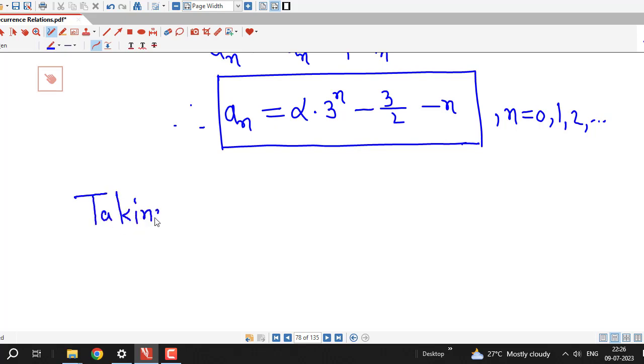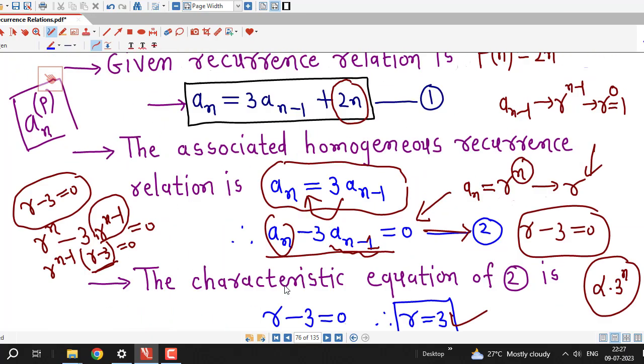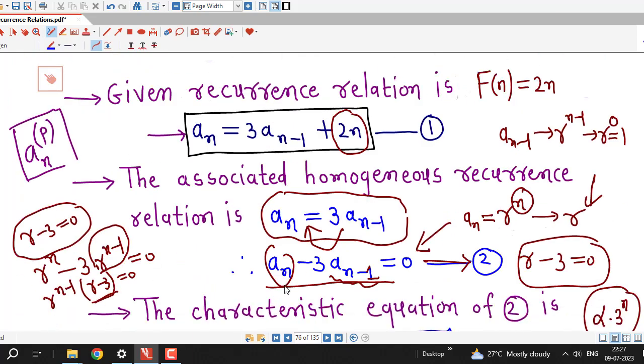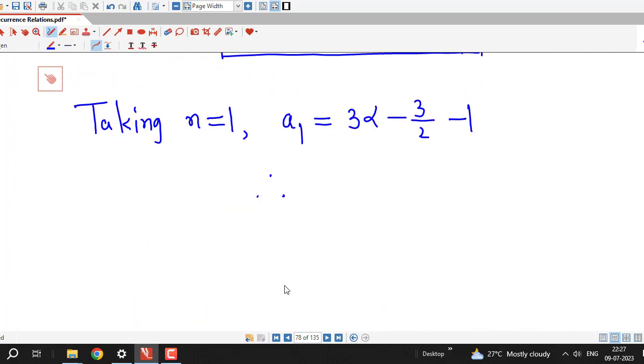Taking n equal to 1, we have a1 equal to 3 into alpha. For n equal to 1 we have 3 alpha, minus 3 by 2 minus 1, and it is given that a1 is 3. So I put a1 equal to 3, and after solving this I will obtain the value of alpha.